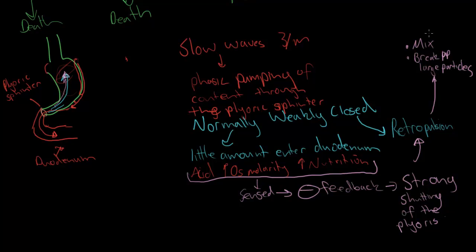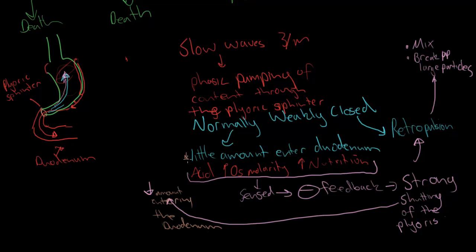So that's important. Now, the strong shutting of the pylorus will also decrease the amount entering the duodenum.